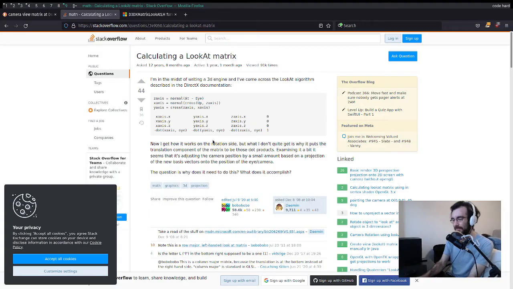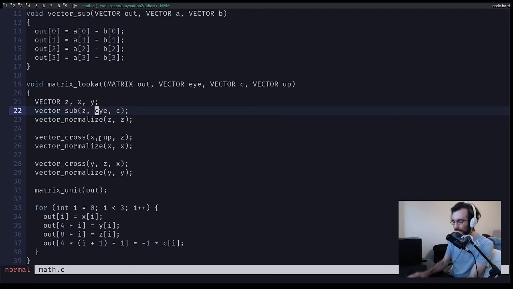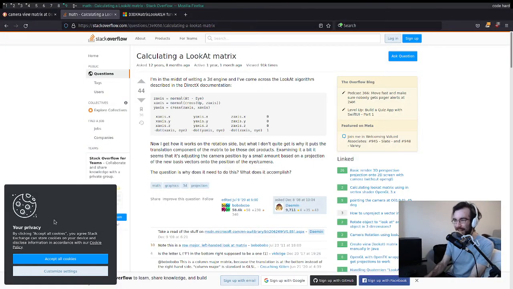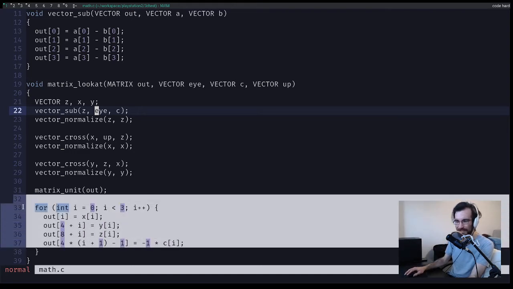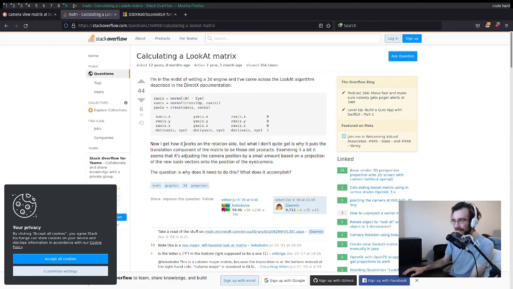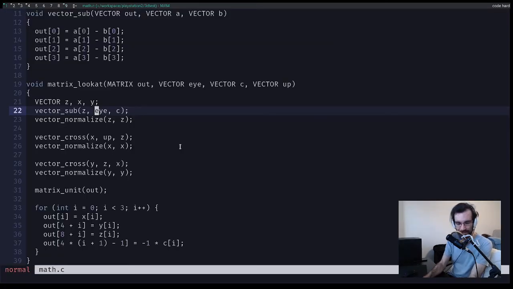So the x-axis is the cross of up and z normalized, and then y is the cross of z and x. Oh, this loop is really gross. I wish I hadn't done it like this. 0, 1, 2, 3, 4, 5, 6, 7, 8, and then 4 times i plus 1. I wrote this loop a little while ago, so I'm going to have to think about what it actually does. But it looks good. This feels right in my soul.